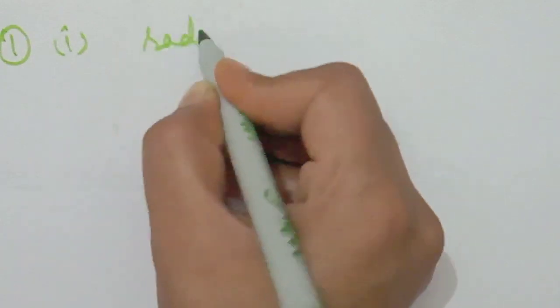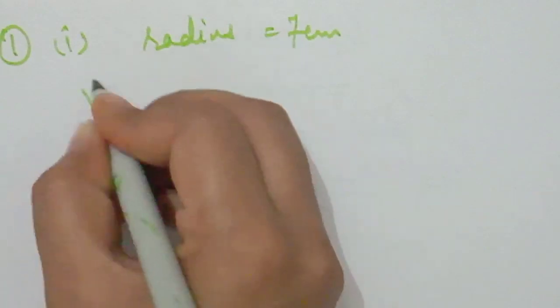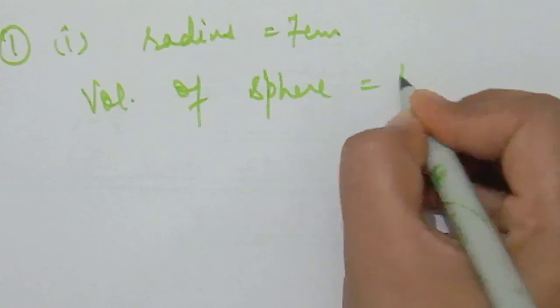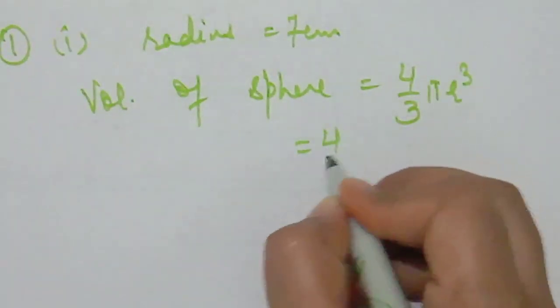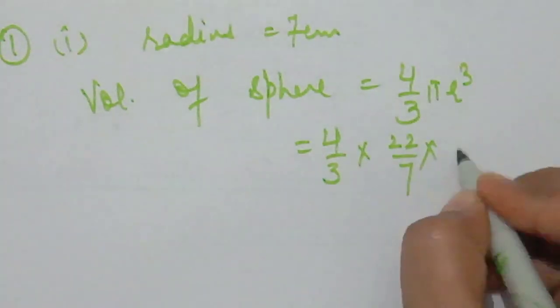The first question of exercise 13.8 from NCERT is: find the volume of a sphere whose radius is 7 centimeter. The radius is already given as 7 centimeter, and we have to find the volume of the sphere, which is 4 upon 3 pi r cube. In these questions, calculation is the important part because we have a cube here.